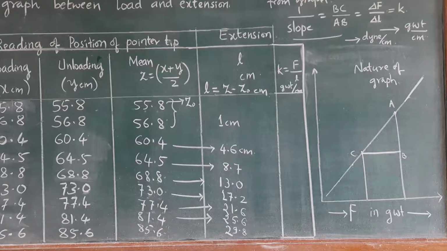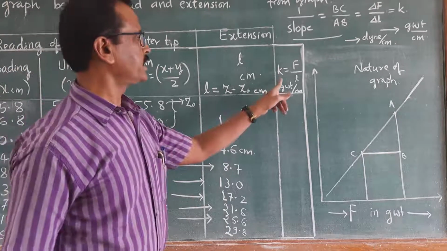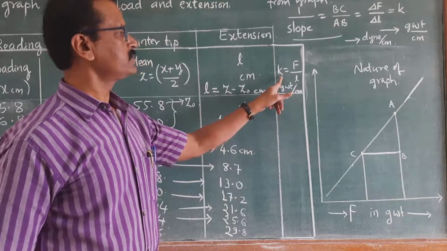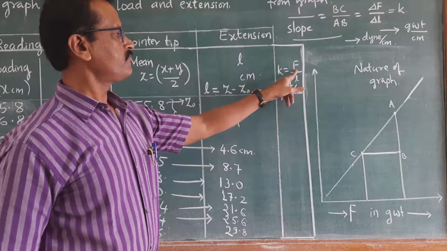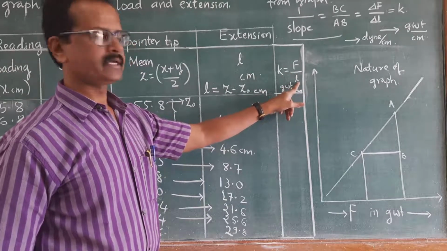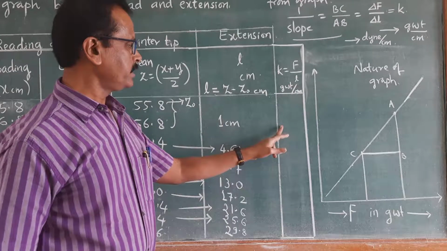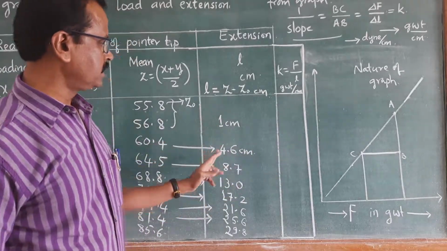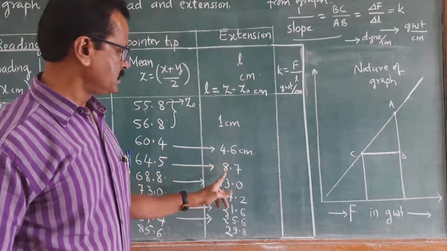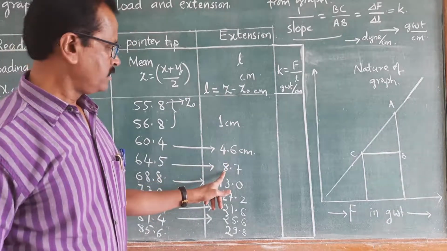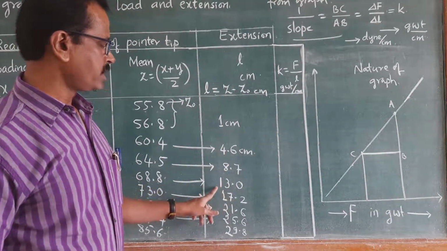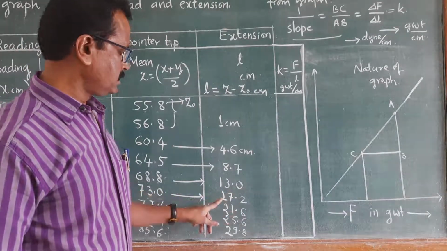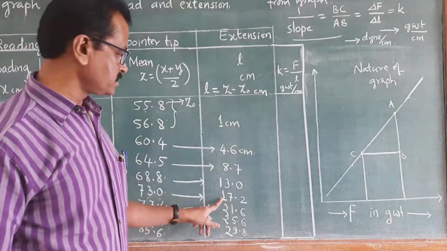So you can see the last column. In the last column, we are calculating directly the force constant, that is spring constant, as the ratio of load divided by corresponding extension. For every observation you get 50 gram divided by 1 centimeter, 100 gram by 4.6, 150 gram weight by 8.7, 200 gram weight by 13 centimeter, 250 gram weight by 17.2.